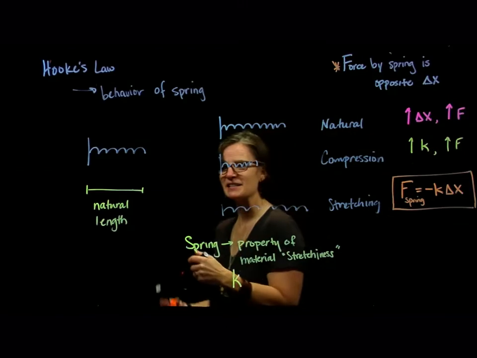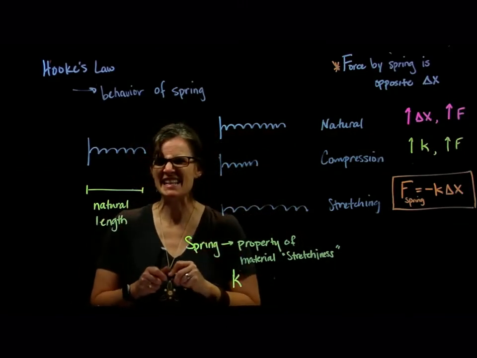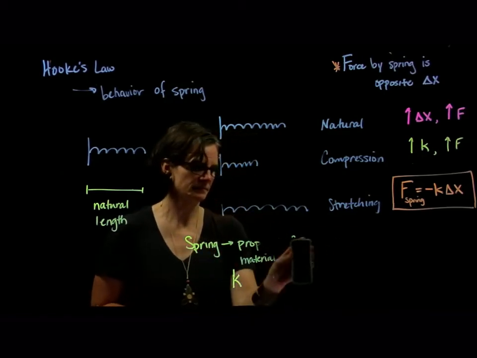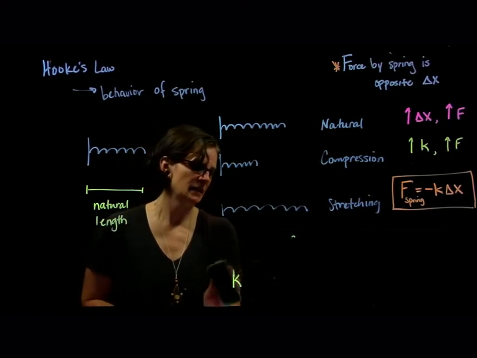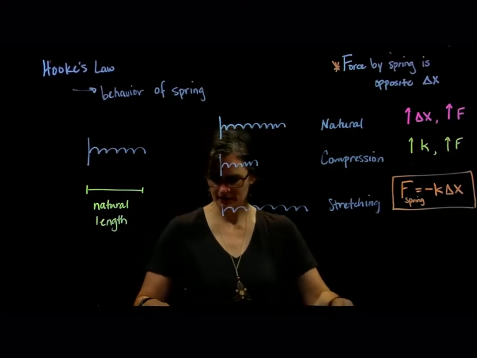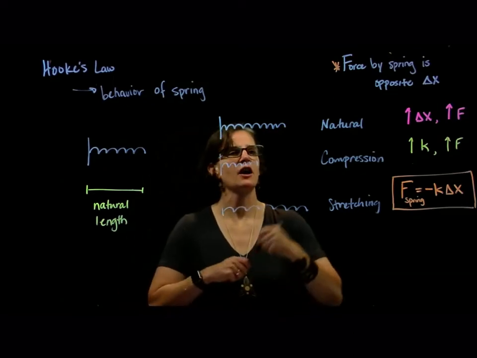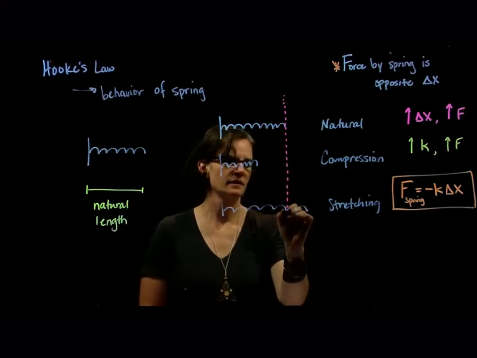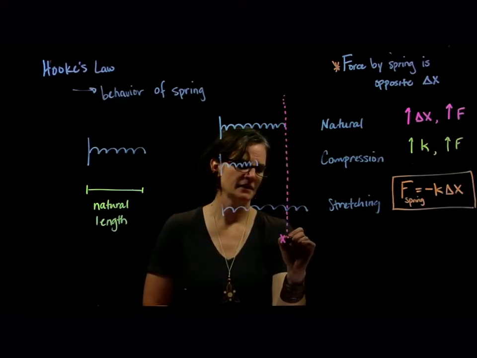So let's look at a specific example and see that the negative makes some sense to us. I'm just going to erase this bottom part. We're going to look at these two situations. We're going to define our natural length as x equal to 0.